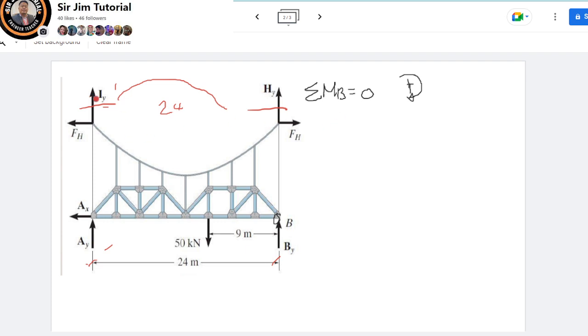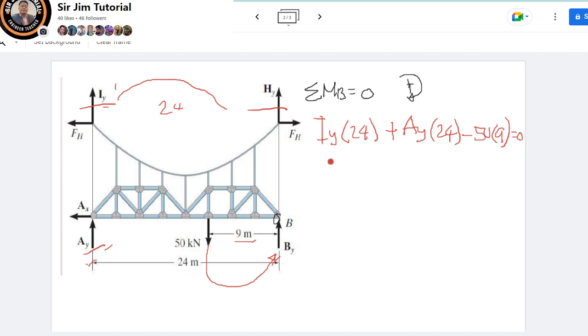So let's start with IY times 24, and AY is also times 24. Then you have the 50, which is in the counterclockwise direction, so that becomes minus 50 times the distance, which is 9, equals 0.